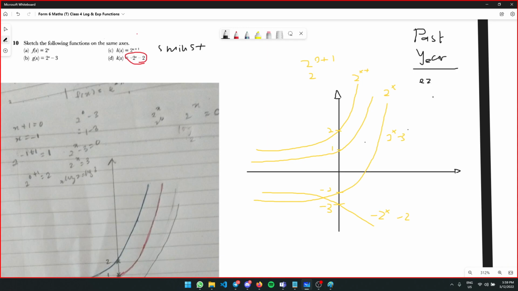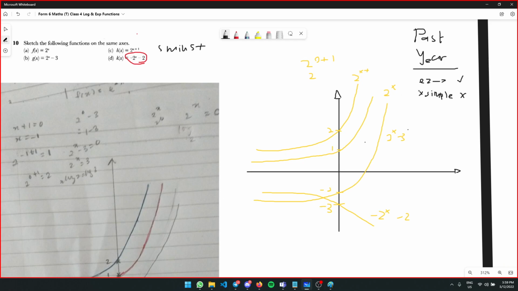Whatever they want you to find is actually very straightforward. It's very easy but not simple. This one is what we call a simple question. You just have to sketch. Sketching this is simple but not easy because each one takes a lot of time. STPM prefers easy questions but not simple questions.